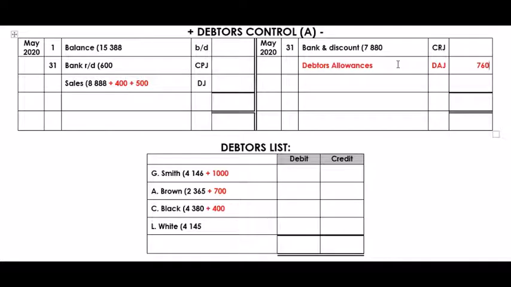Now that you've gone through all the adjustments, you can quickly finish off your debtors control account and your debtors list by doing this.